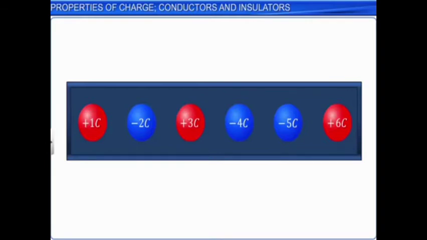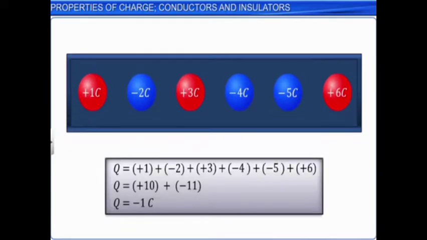For example, if a body is given 6 charges, all in Coulomb, say plus 1, minus 2, plus 3, minus 4, minus 5, plus 6, the algebraic sum would be minus 1 Coulomb, which means it is a negatively charged body.